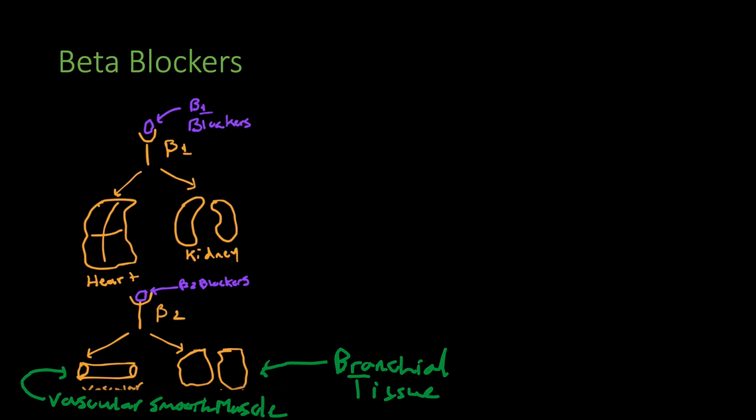You definitely want to consider using those versus a mixed beta blocker so you can help the patient with heart failure and also continue their asthma treatment, so the medication works properly. You can see here the beta 1 receptors are primarily found in the heart and the kidneys, and the beta 2 receptors primarily in the vascular smooth muscle and the bronchial tissues.